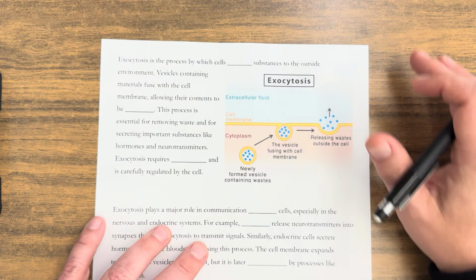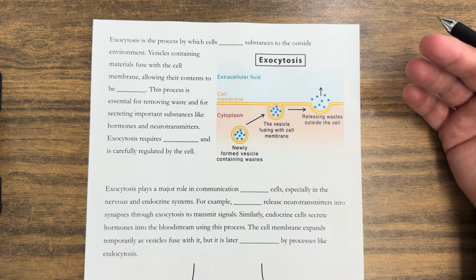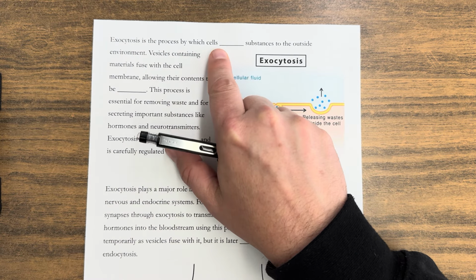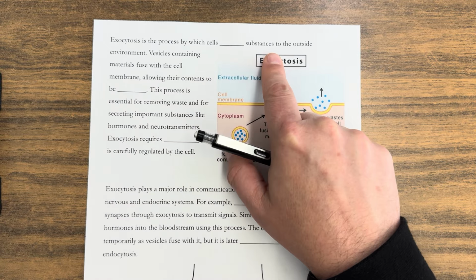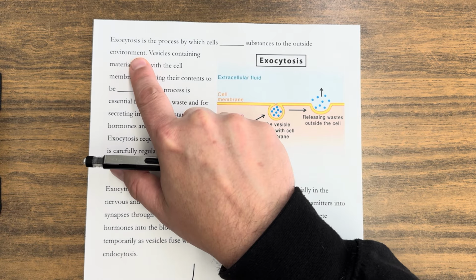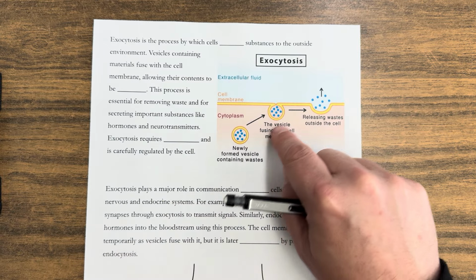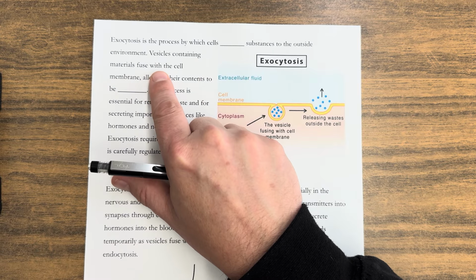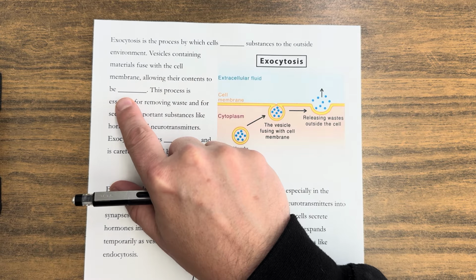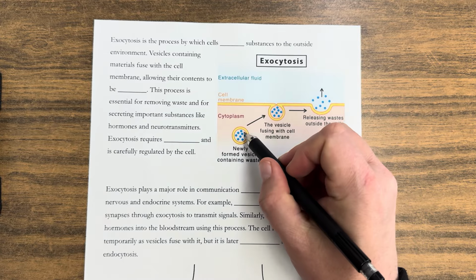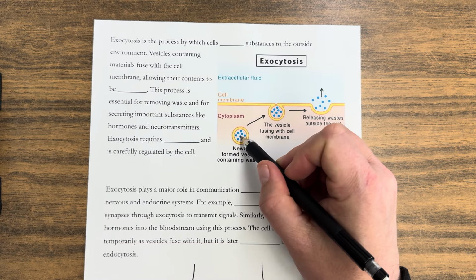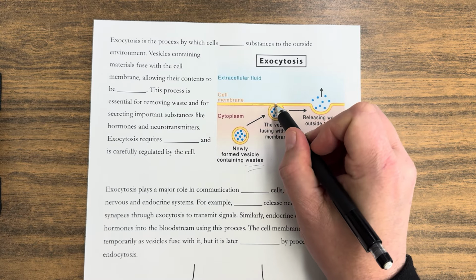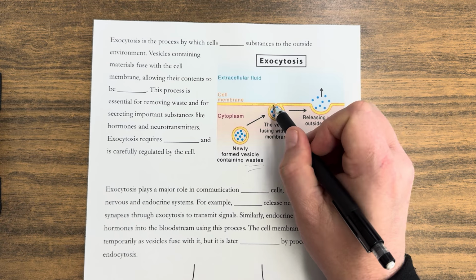All right, let's continue. The opposite of endocytosis is going to be exocytosis. Exocytosis is the process by which cells release substances to the outside environment. So now we're going from the inside out. Vesicles containing materials fuse with the cell membrane, allowing their contents to be expelled. So you see this vesicle in here with some kind of, in this case, waste, which would make sense. It fuses with the cell membrane because it's made of the same stuff.